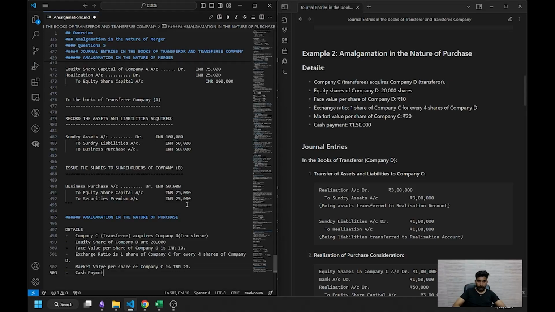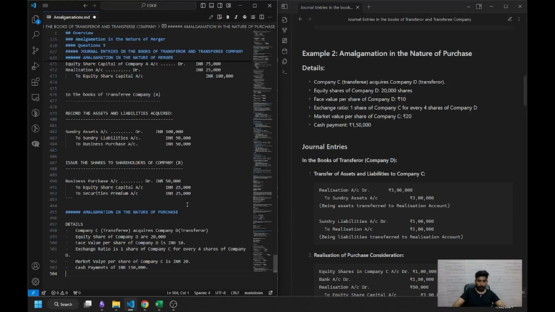And we have also made some cash payments of rupees 1,50,000. And this is pretty much it.